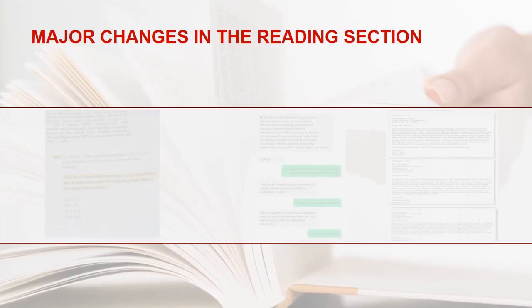Now let's see the major changes that you can expect to see in the reading section. The first major change you can see is in part 6, text completion. You will have to fill up a blank with a suitable sentence. There will be a number of sentences given and you have to put the sentence in a suitable space.